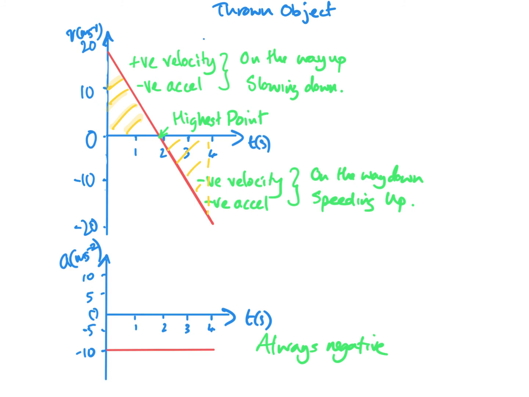Therefore the total displacement once it's gone up and down would be the plus 10 from the first section and the minus 10 from the second section. Now the total displacement would be 0 because the object has gone up and then come back to the same point. So that's how we could consider displacement-time in this, but you wouldn't be asked about a displacement-time graph.